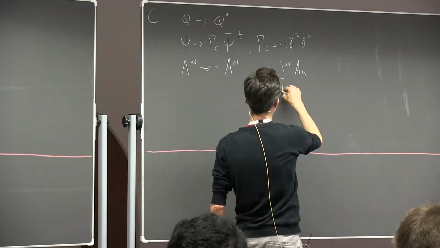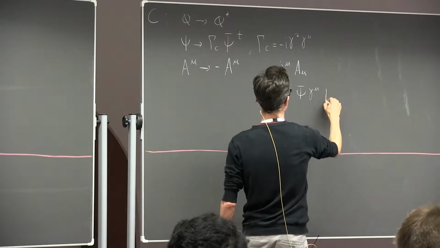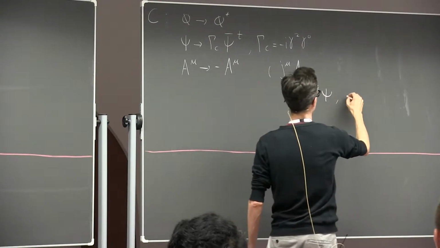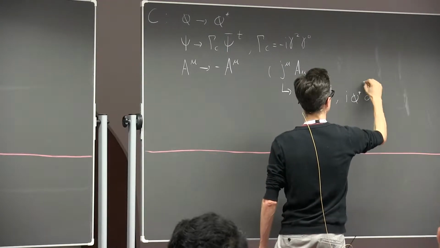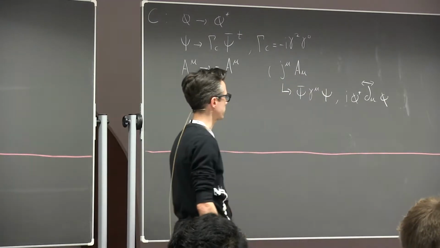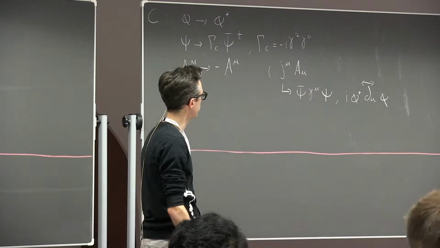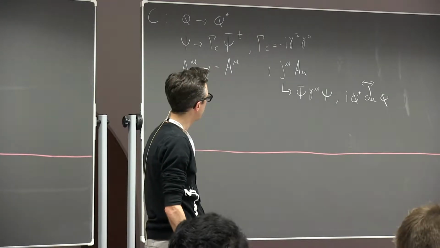The contribution to J^mu from a Dirac fermion is psi bar gamma^mu psi, and from a complex scalar charged under, let's say, an abelian gauge theory, it is phi star d^mu phi minus phi d^mu phi star.